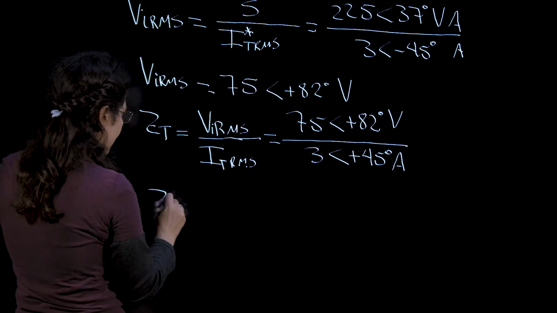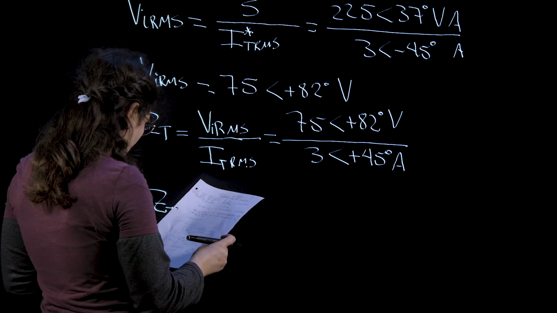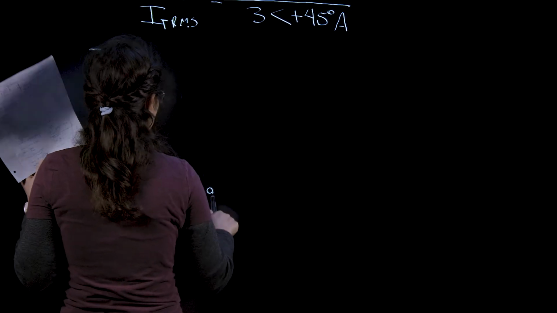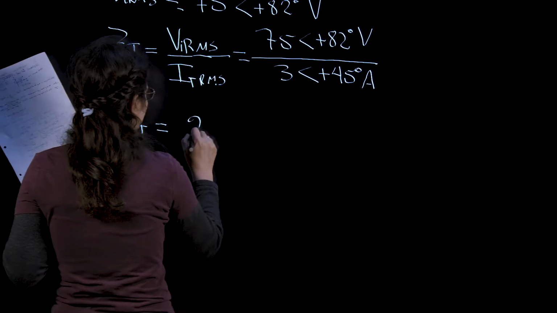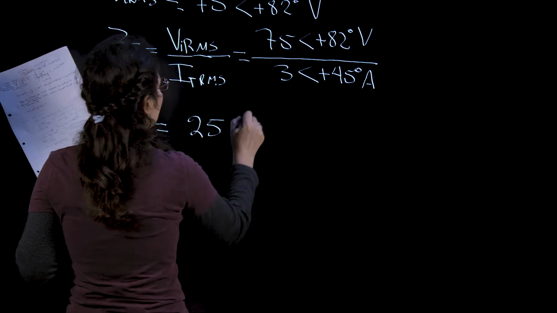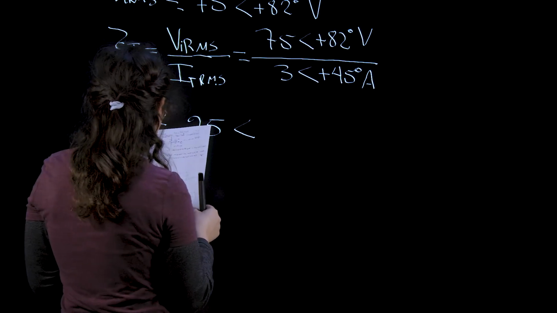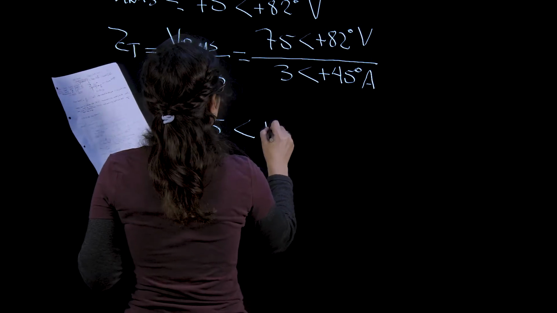So my total impedance is going to be 75 over 3, which is, no, not 15, 25, yeah. 25 with an angle of 82 degrees minus 45 degrees, which is 37 degrees.